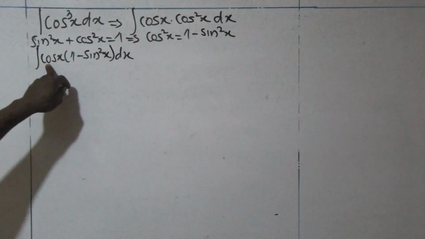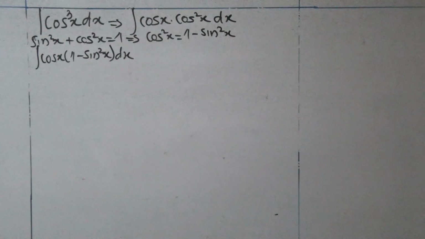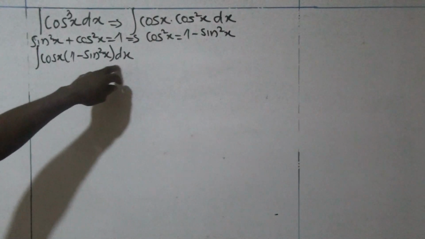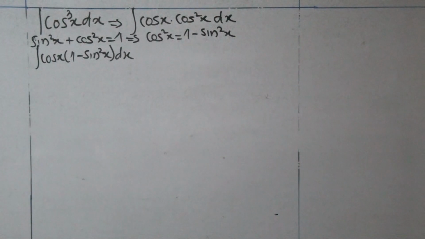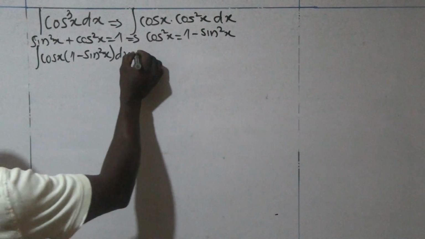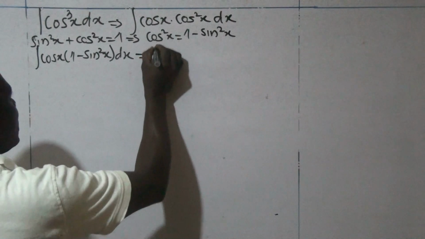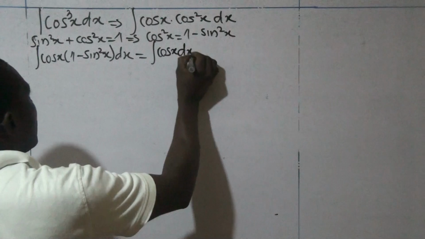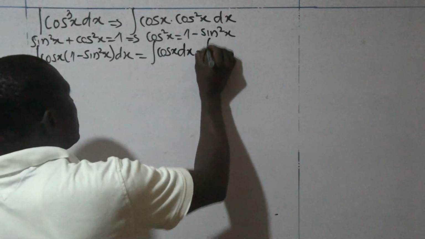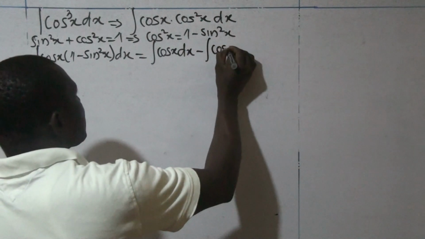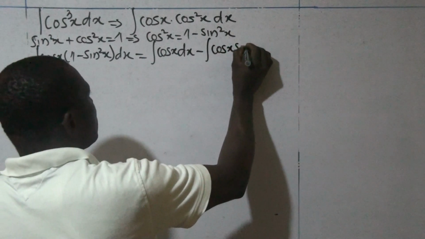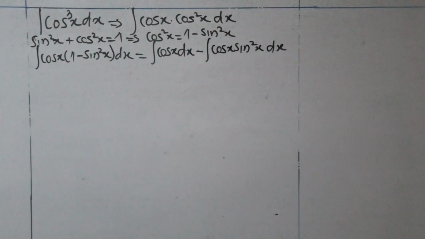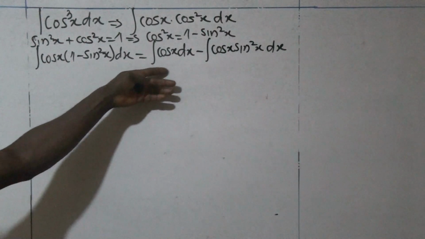So if we apply the appropriate algebra, if we distribute the integral of cos x into 1 minus sine square x dx, this becomes the integral of cos x dx minus the integral of cos x sine square x dx. It is very easy for us to do this.